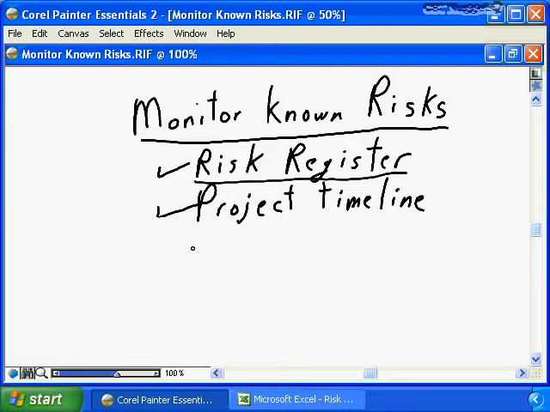The key item that we need to be aware of is the project timeline. We can't deal with all of the risks because there's simply too much to manage at one point in time, so we need to focus on the project timeline and deal with the risks that are immediate to our project and let the risks that are further out in the timeline wait until they become more pressing to our project.